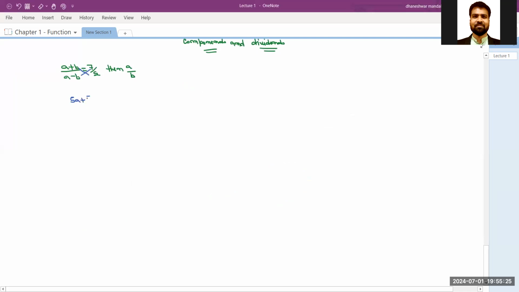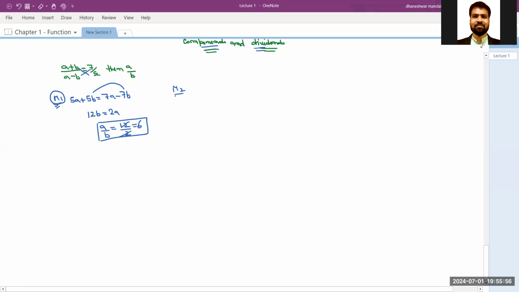Then 5a plus 5b, then 7a minus 7b. Then take this term here, then I get 12b and 2a. And I have to find the ratio a by b. It means 12 divided by 2. So see, this is method one. Those who don't know about componendo dividendo solve this question in this way.